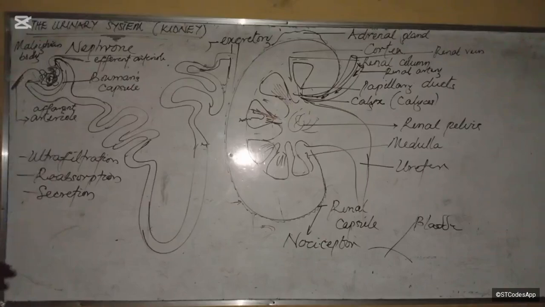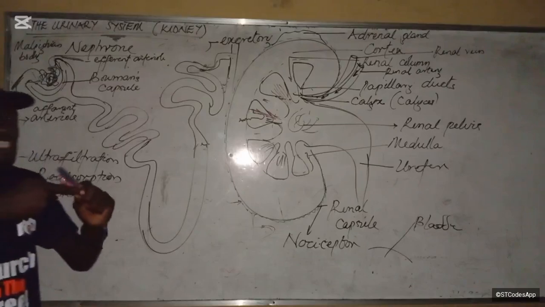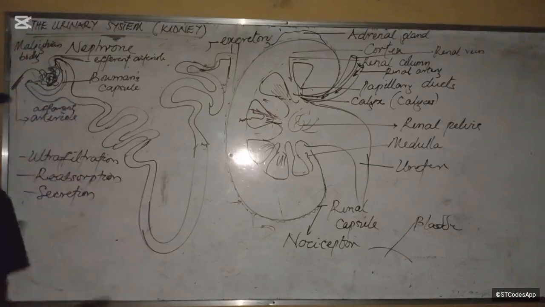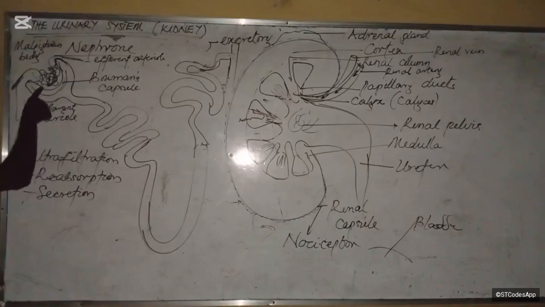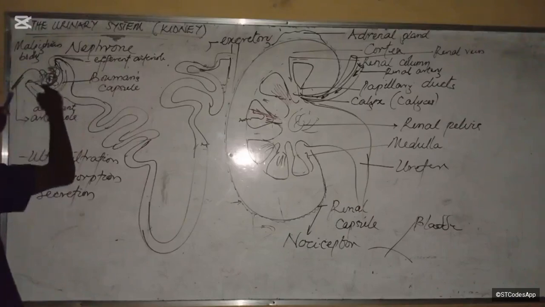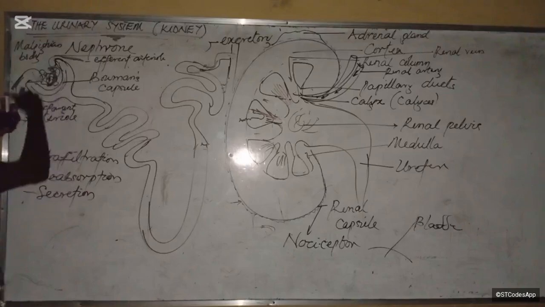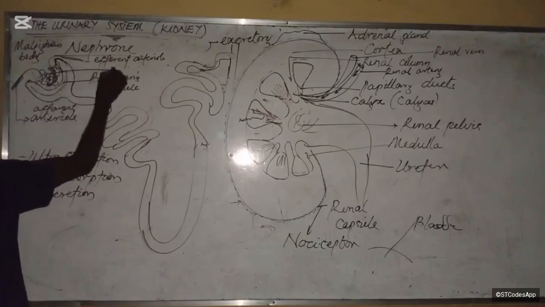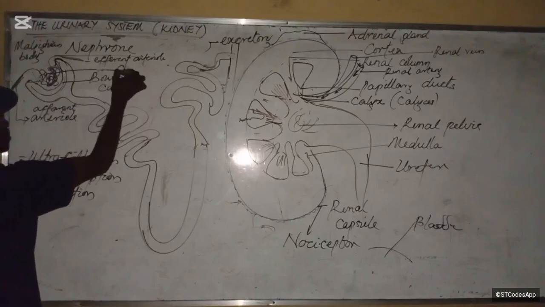Blood that was coming from a larger pipe, the renal artery, which has a larger lumen, continues into the arteriole, which has a tinier lumen. So the pressure is increased. That pressure comes into the Bowman's capsule. Now, in this Bowman capsule, there is this network of capillary that we call the glomerulus.